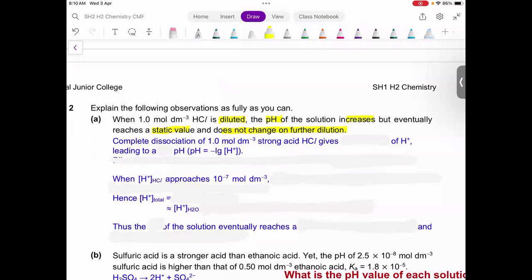Because the H+ dissociates. How does that help in explaining the pH increase? Because pH is a measure of extent of dissociation. Is it? Remember, pH is the negative logarithm of H+ concentration. It's an inverse relationship.